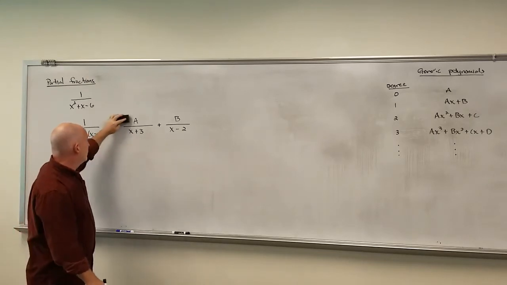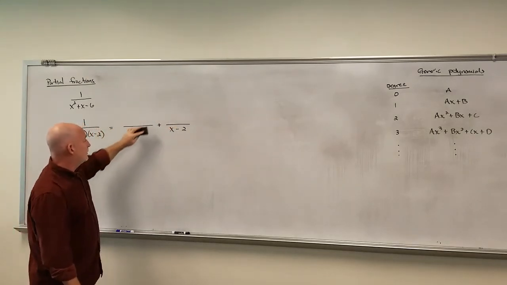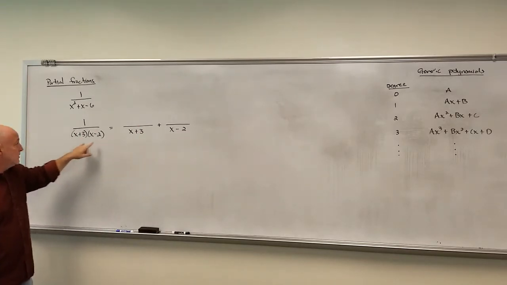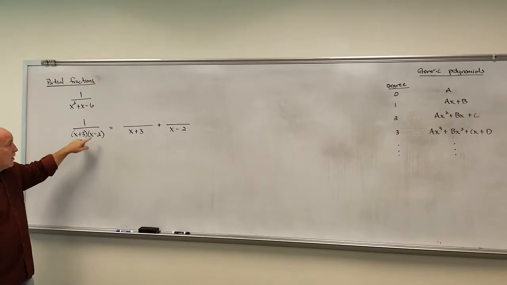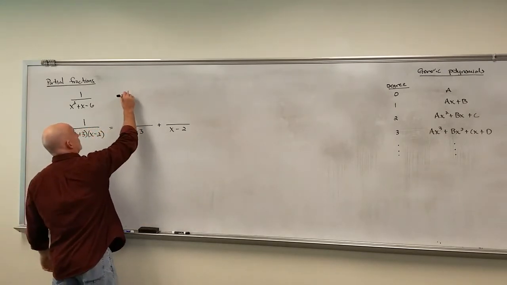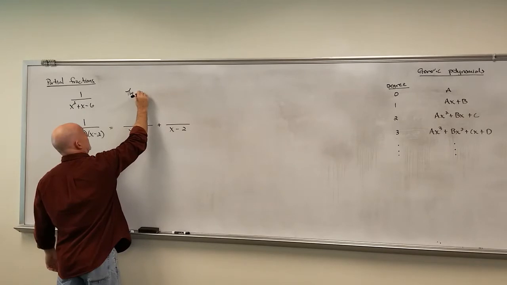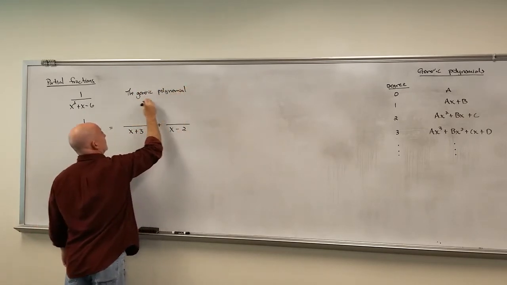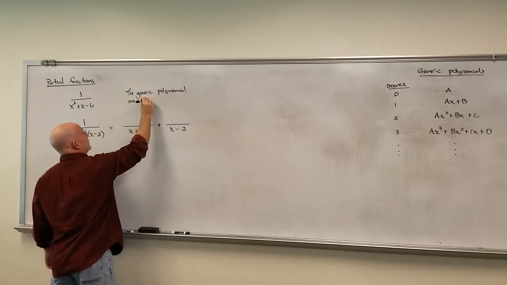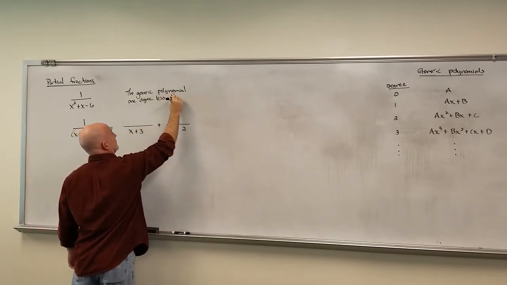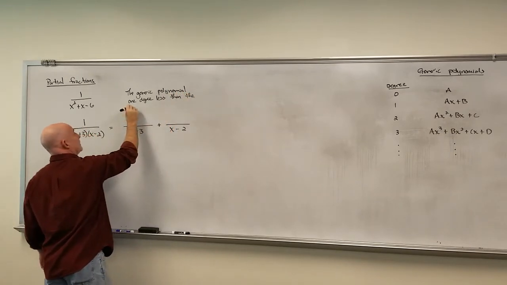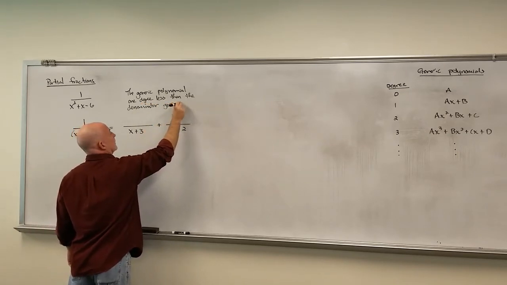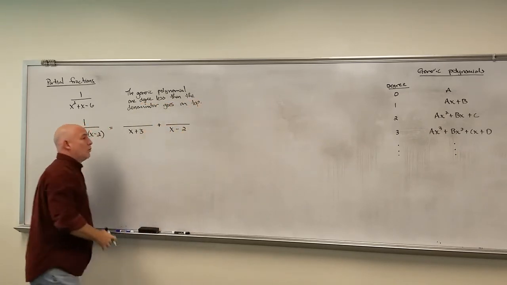Well, the rule that you're going to do, once you factor it and break apart into the same number of fractions as you had factors in this denominator, what goes on top, the generic polynomial 1 degree less than the denominator goes on top. Okay, now what do I mean by that?